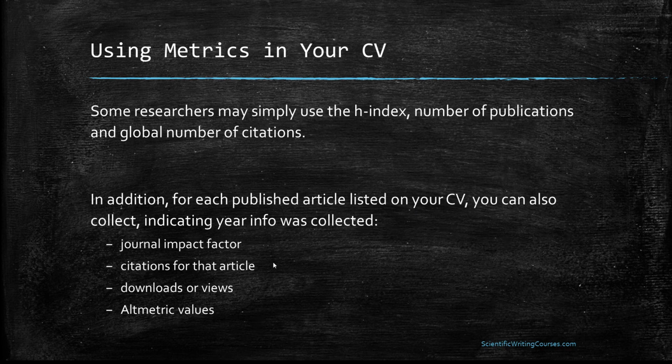For example, the journal impact factor, the citations for that article, the downloads or views for that article, and the Altmetric values. I'm going to show you next a couple of ideas on how to do this and how to analyze this. This is the analysis that I was mentioning. It's important to do. You can collect all of this information for each one of the articles that you have published.